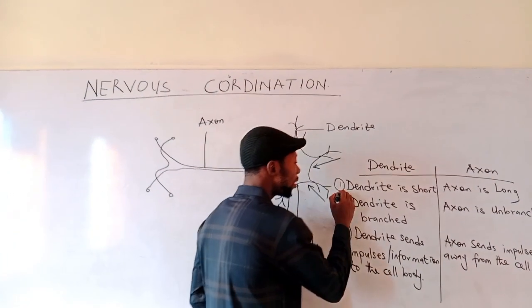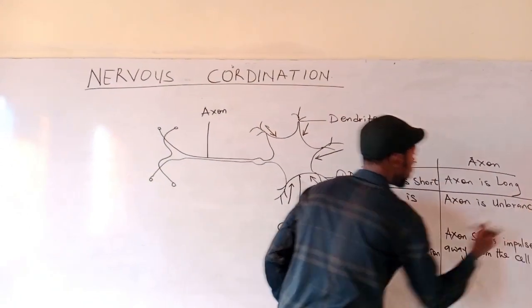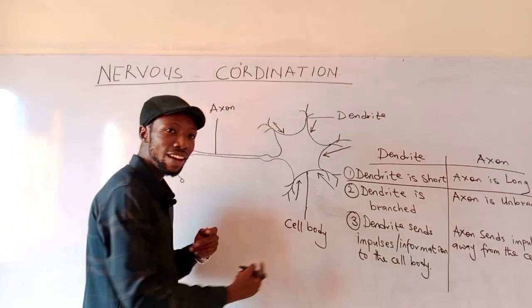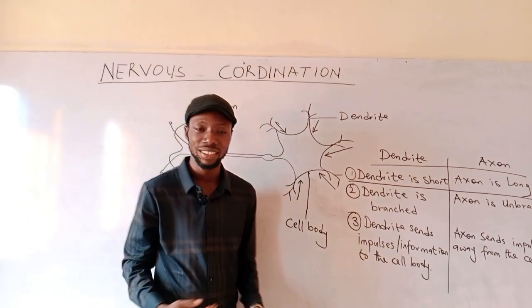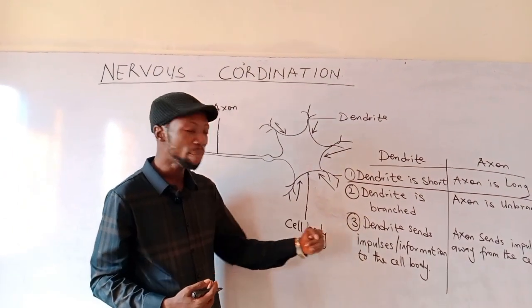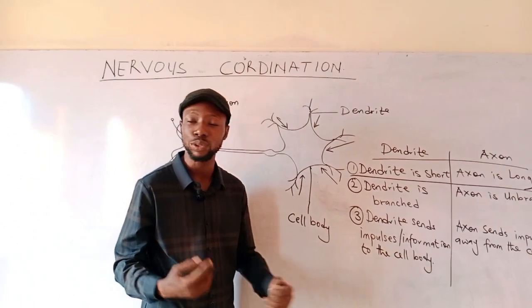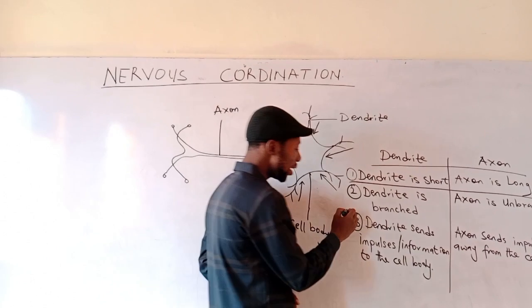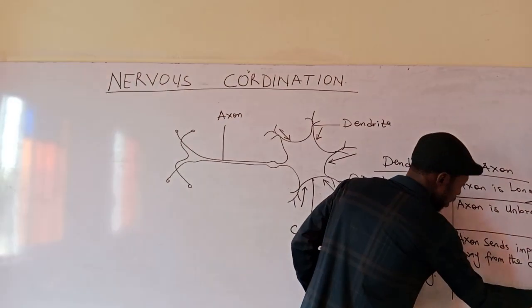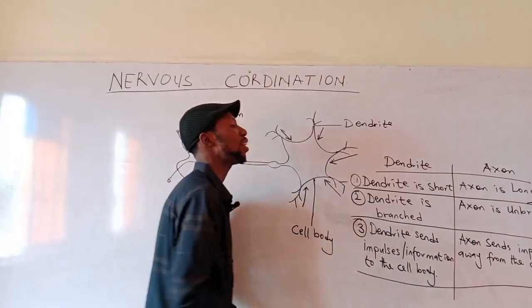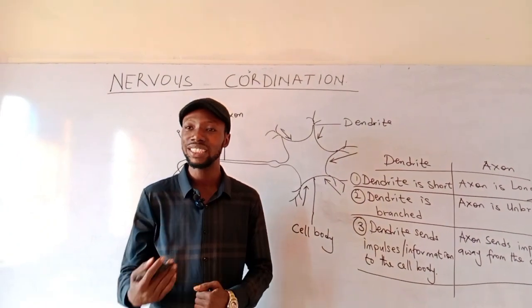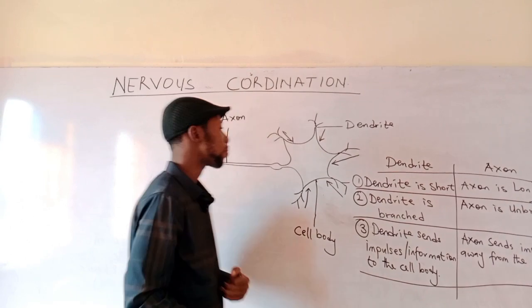Okay, the first one, dendrite is short, axon is long, dendrite is branched, axon is unbranched. These are the important differences between the dendrite and axon.